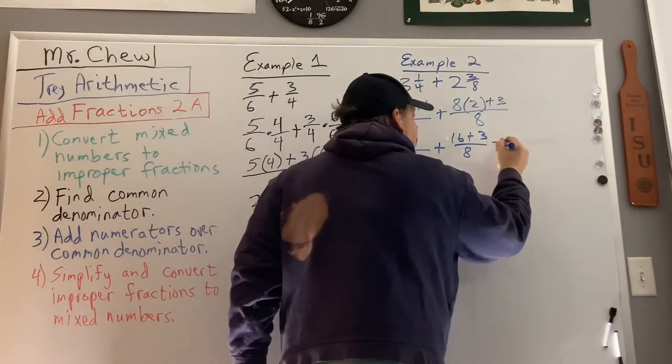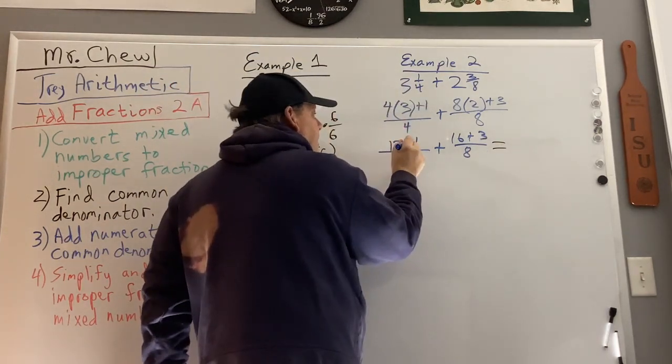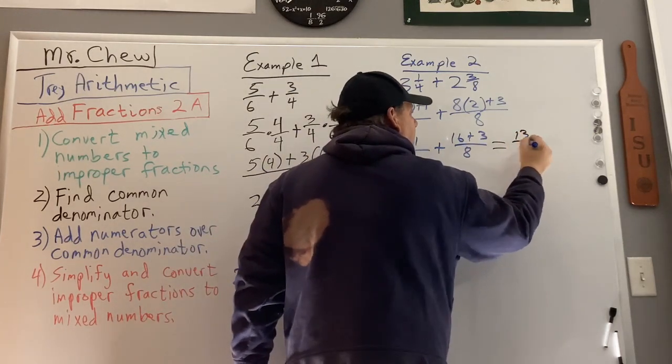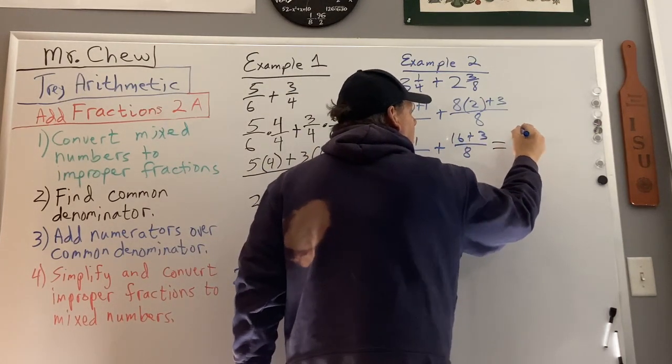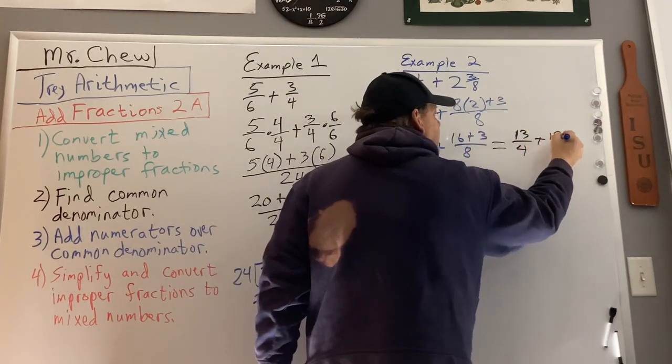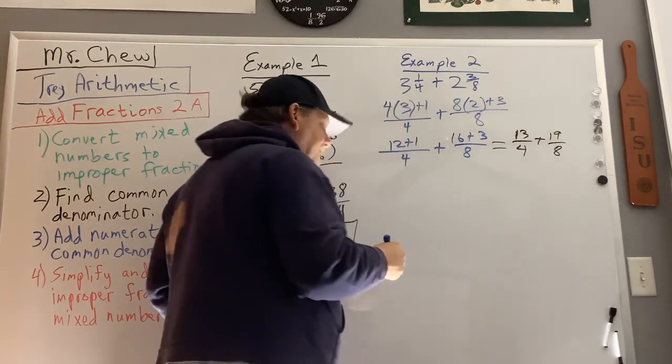So I can simplify this: 12 plus 1 is 13 over 4 plus 16 plus 3 is 19 over 8.